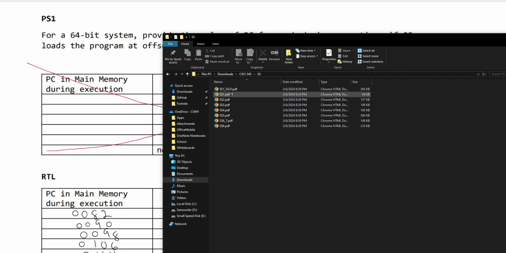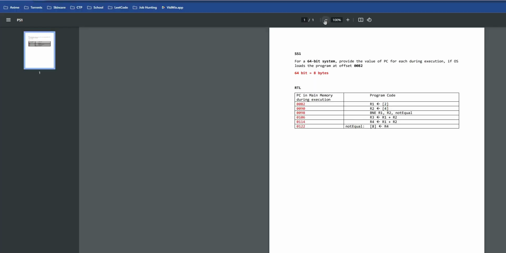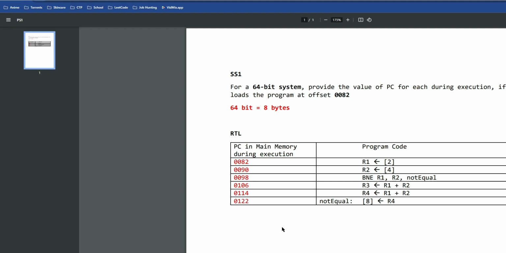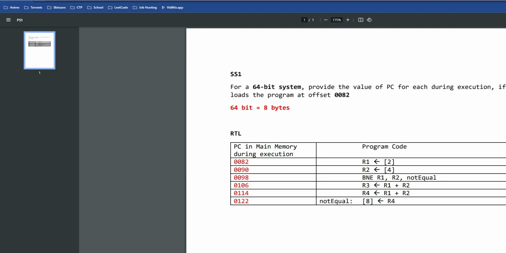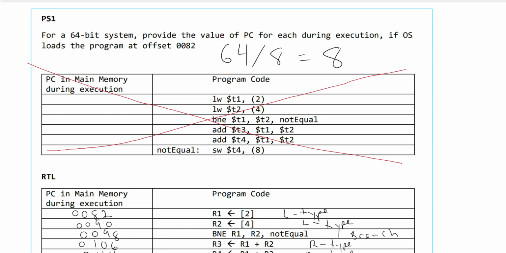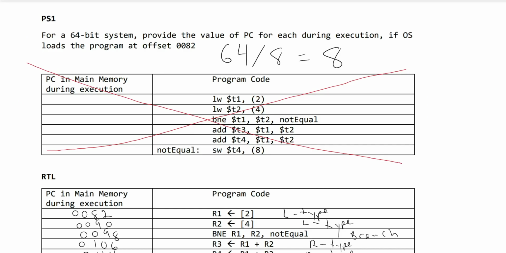I have the solution set. Let's see. Is this the same one? 0082, 90, 98, 106, 114. Oh, oops, I did the math wrong. Definitely don't do the math wrong in the exam.